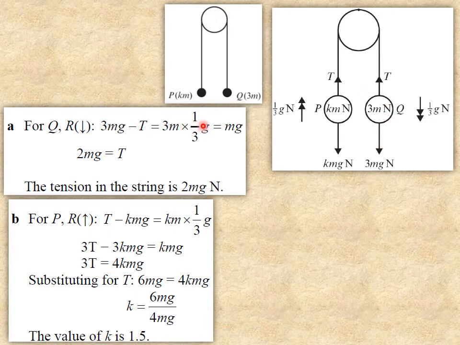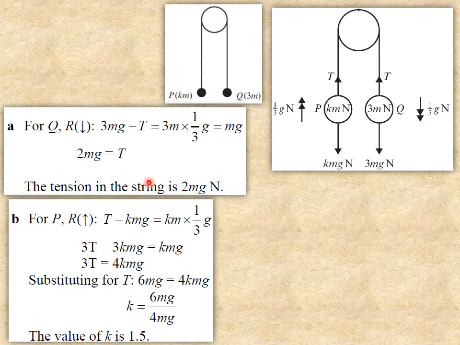Mass into acceleration, with the acceleration given, we get T is 2mg. Because we don't know what m is, you cannot find the answer as a number, so we just leave it in terms of m. g is obviously 9.8, but we leave it as mg.